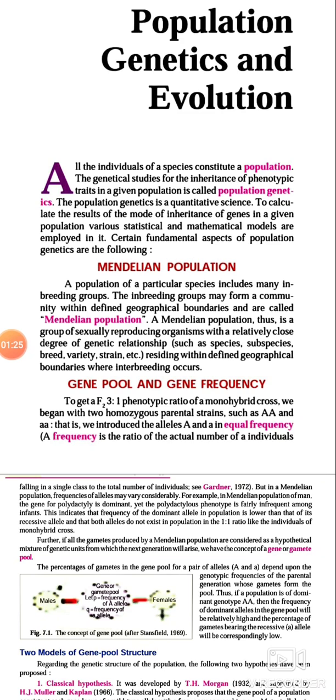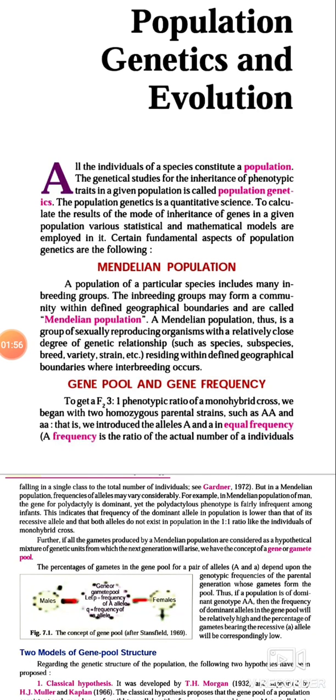A Mendelian population, thus, is a group of sexually reproducing organisms with a relatively close degree of genetic relationship, like species, subspecies, breed, variety, strain, etc., residing within defined geographical boundaries where inbreeding occurs.